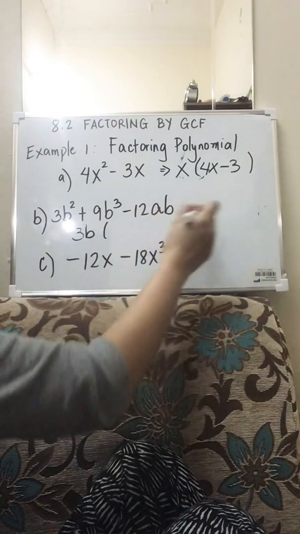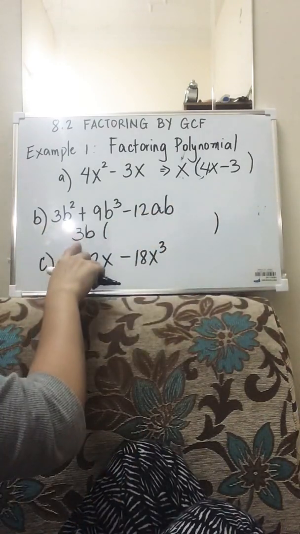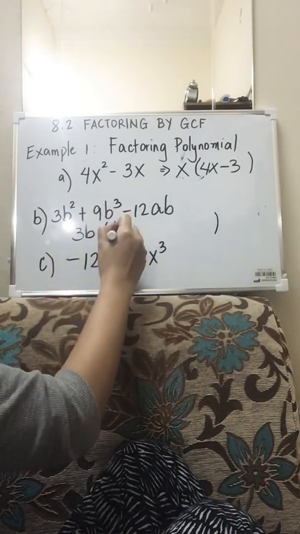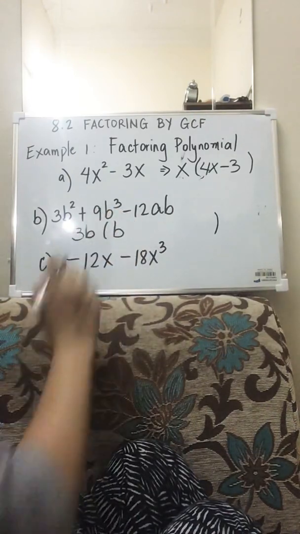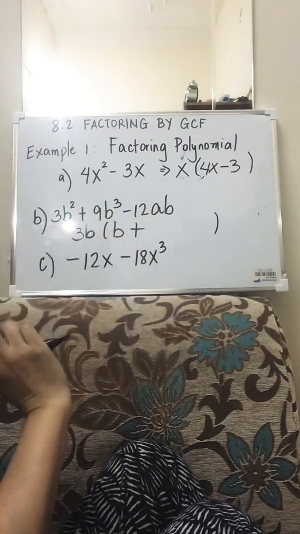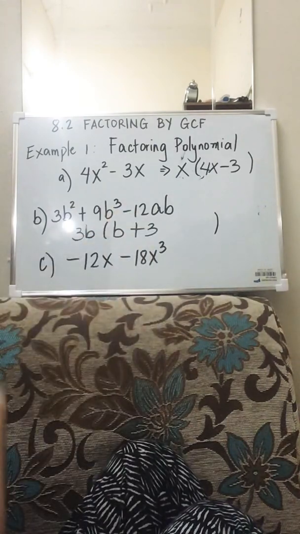Then let's put a bracket here, because we have a trinomial inside. So 3 divided by 3, that is 1, right? b squared divided by b, that is b. Next, we have positive here, because we have plus. 9 divided by 3 is what? 3. b cubed divided by b is what? b squared.